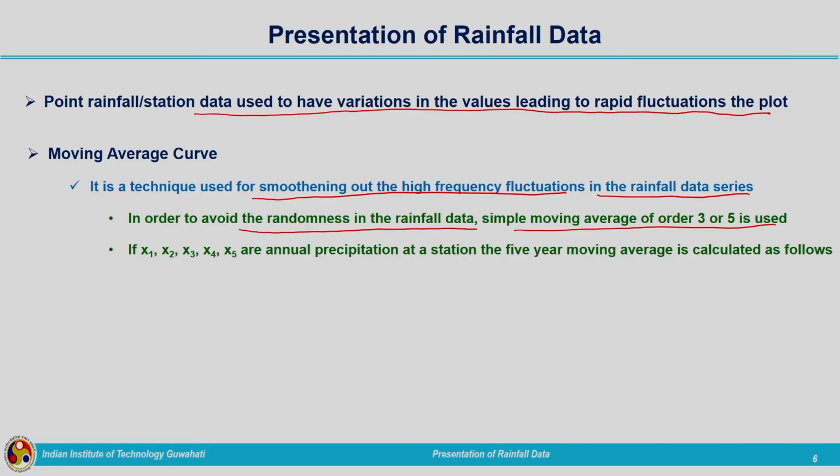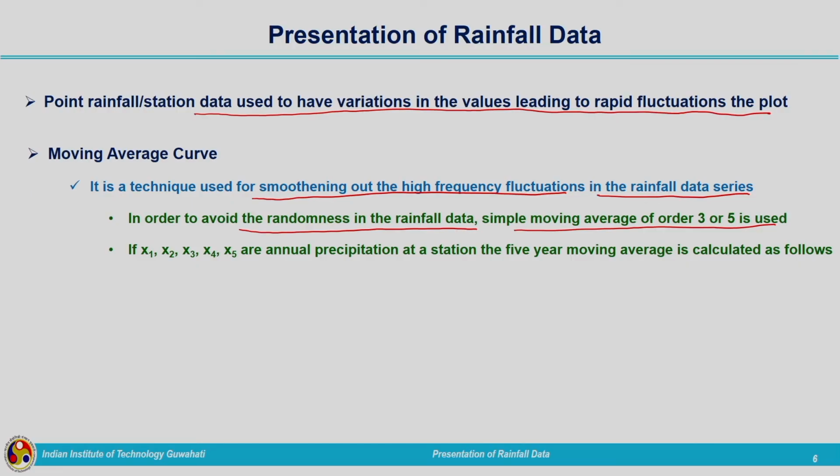We will commonly do this for the annual rainfall data series when we are doing studies related to drought and hydrological studies which require rainfall data. Sometimes we are not giving much importance to the fluctuation; we need to have the smooth curve. In such cases, we will make use of this moving average technique.